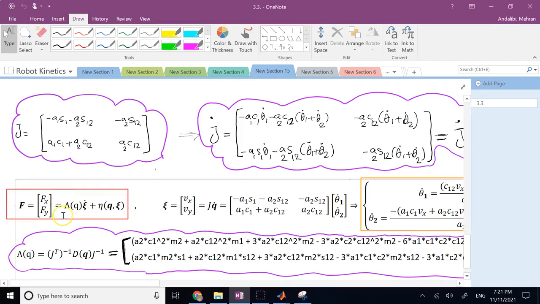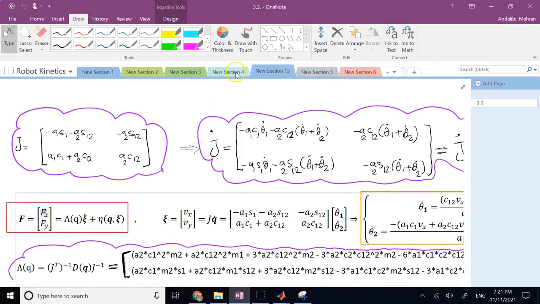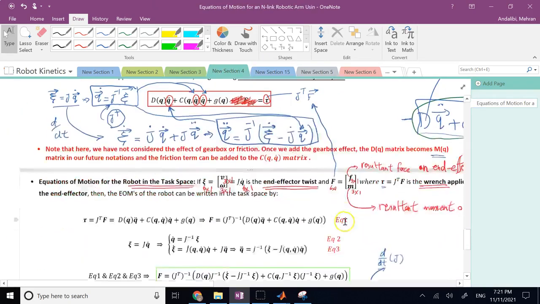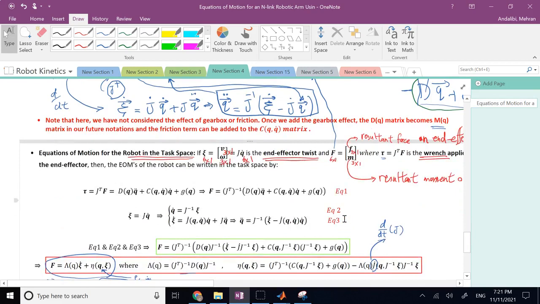I showed you the lambda, right? It is this big matrix. My F is going to be Fx and Fy, the two forces applied to the end effector. You might say, my F was the resultant force and moment, so what happened to it? In this case, the only degrees of freedom you consider for your end effector are just X and Y motion.